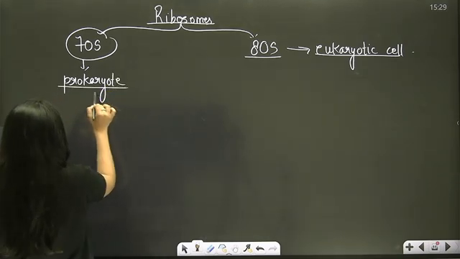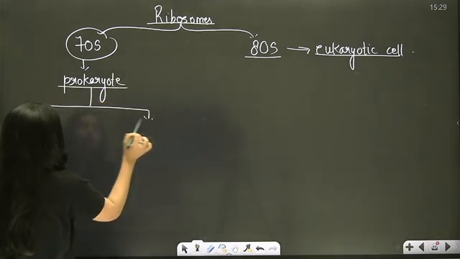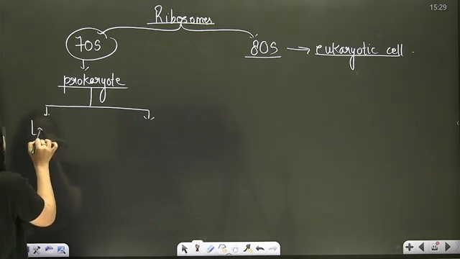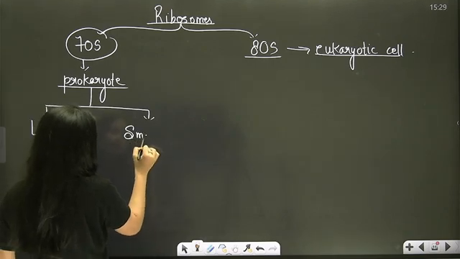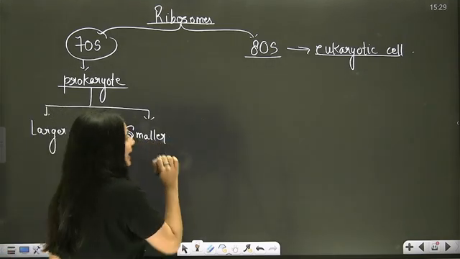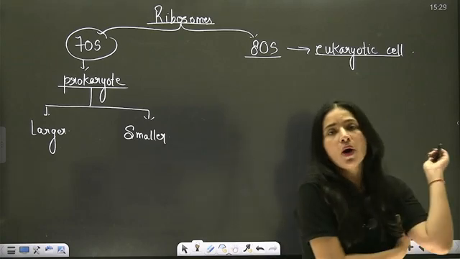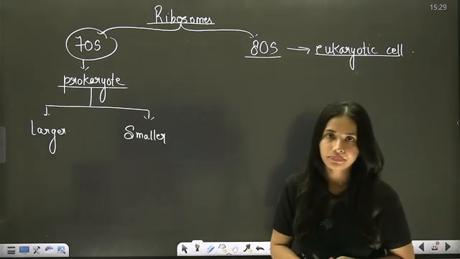This ribosome is made up of further two units, a larger unit and a smaller unit. Correct?